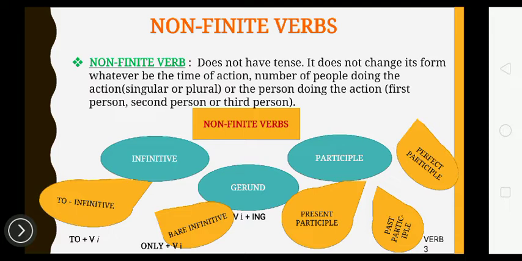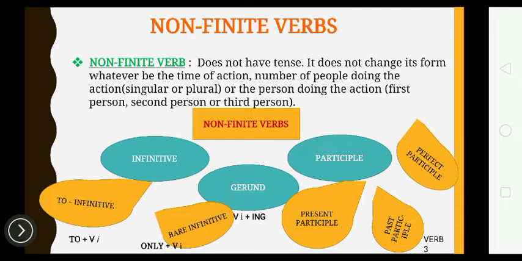Non-finite verbs are divided into three: infinitive, gerund and participle. Infinitive is further divided into two: to infinitive and bare infinitive, where you get to plus first form of the verb, and only first form of the verb. Gerund, first form of the verb plus ing. Noun, wherever this gerund comes you have to remember noun.